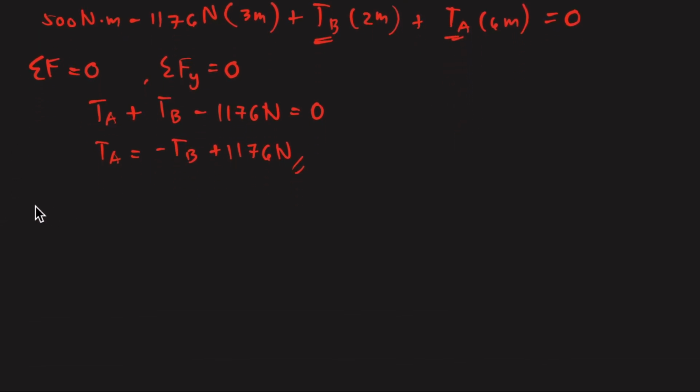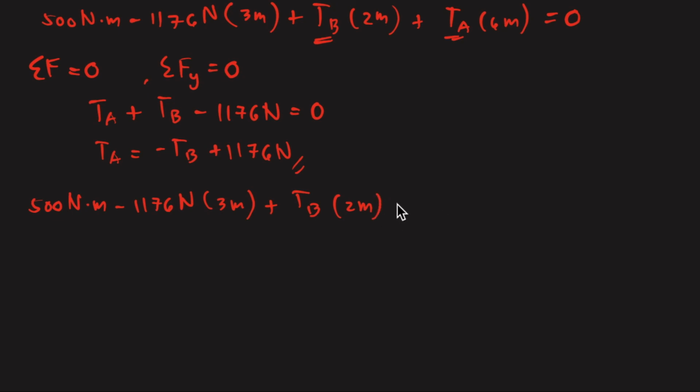So 500 Newton meter minus 1176 newtons times 3 meters plus TB times 2 meters.